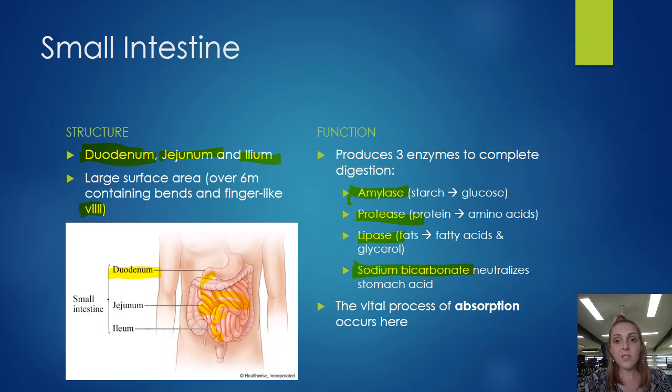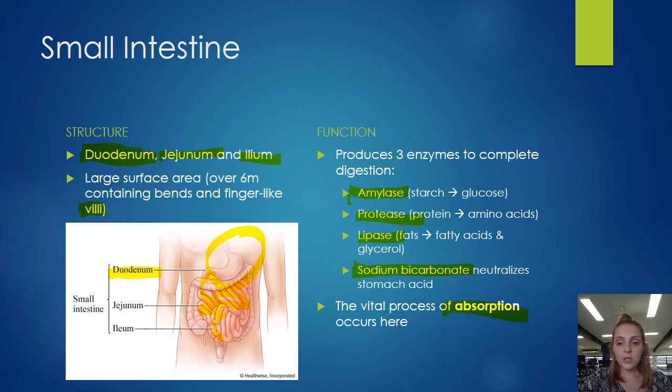And the importance of that is it needs to neutralize that really highly acidic stomach acid, that hydrochloric acid that was just secreted by the stomach. The intestines aren't built for this highly acidic environment. So it's really important that the pancreas secretes sodium bicarbonate because it's highly alkaline, to neutralize that acid before entering the rest of the digestive tract.